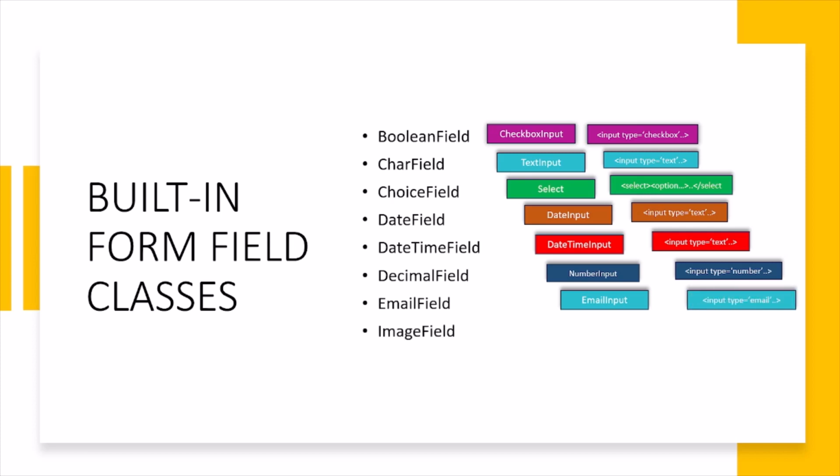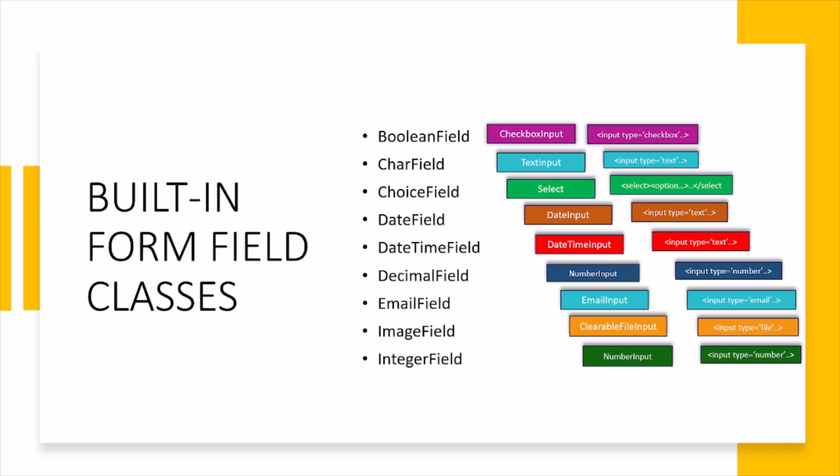And then we have the ImageField form field class, represented by the ClearableFileInput widget, rendering as input type equal to file. Finally, we have IntegerField, a form field class represented by the NumberInput widget and rendering as input type equal to number.